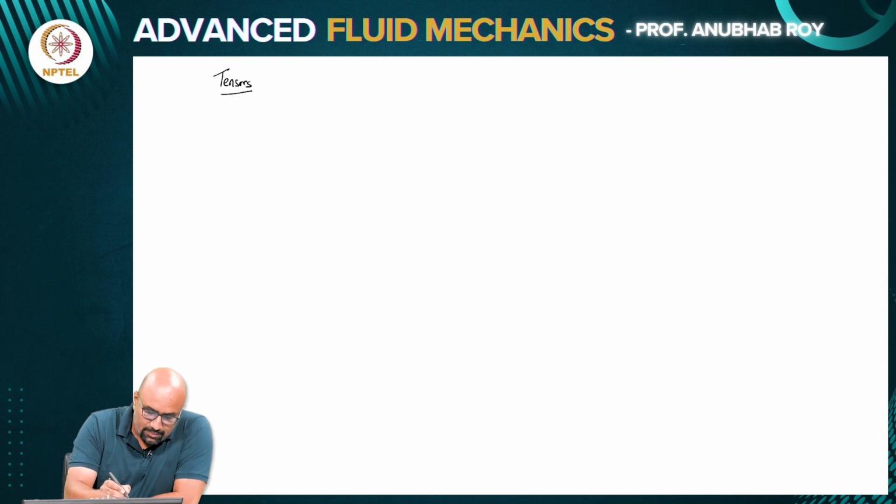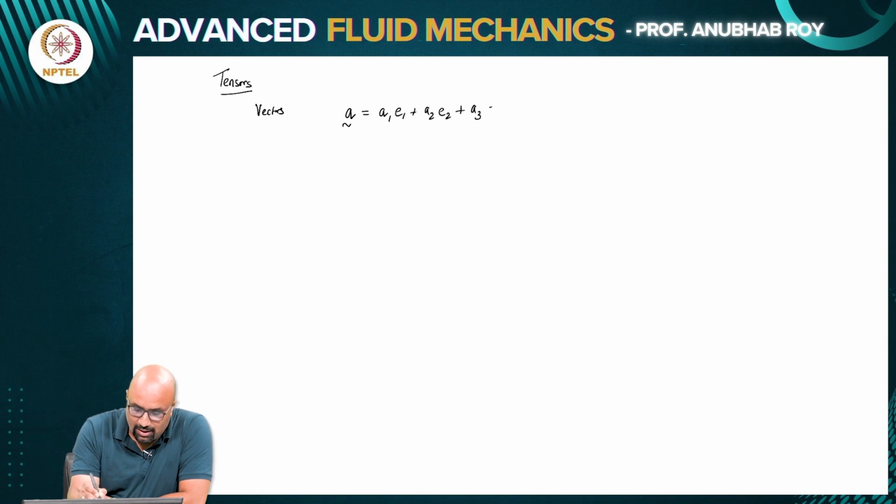So the starting point is things which we are already familiar with regarding vectors. If I were to define a particular vector, I am going to use this squiggly notation below in place of putting an arrow on top to denote a vector. Any vector, I can write a representation of in a coordinate system, and I am going to choose a Cartesian coordinate system.